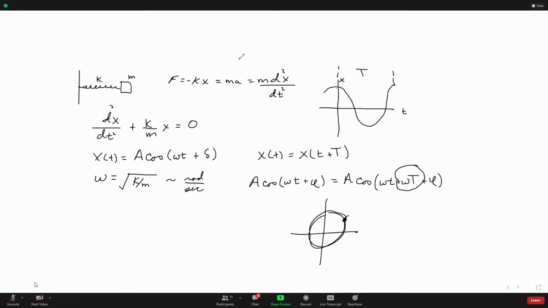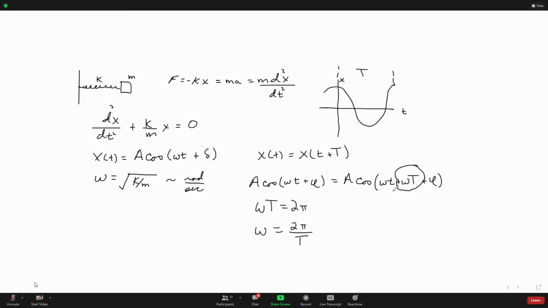So that means that omega T must equal 2 pi. So omega is equal to 2 pi divided by the period in seconds. So 2 pi radians divided by the period in seconds.